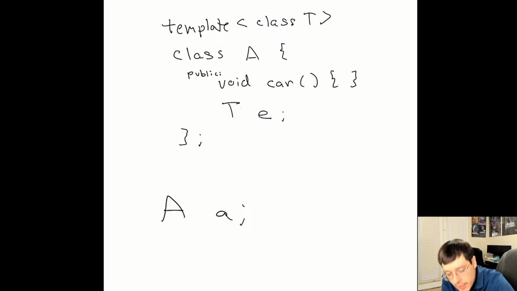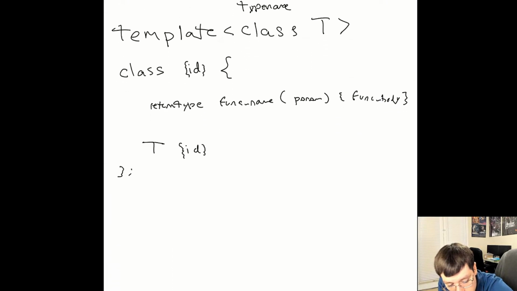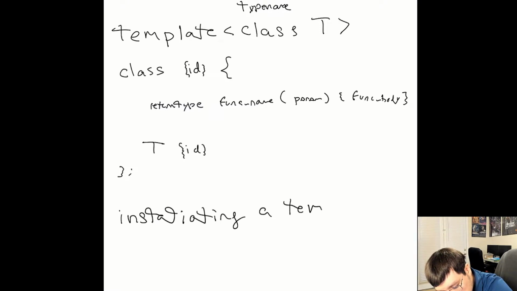And the way you do that is, when you're creating an object of this class that's templated, you need to add the following syntax. So let's write the syntax with the syntax rules up here. Instantiating a templated class.